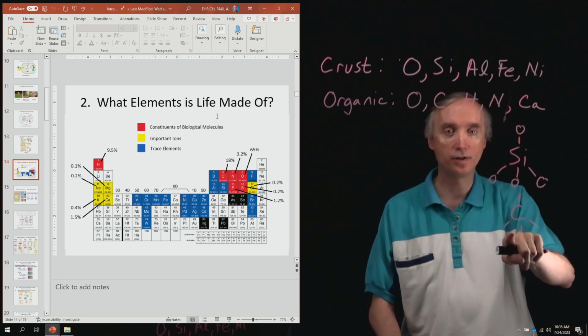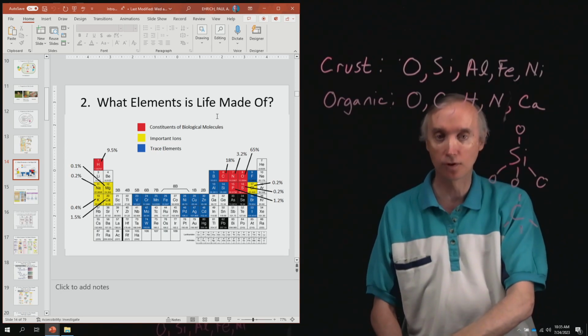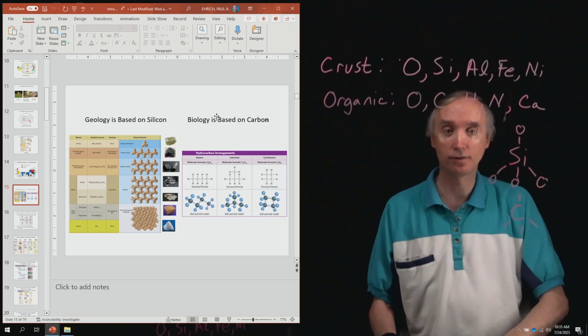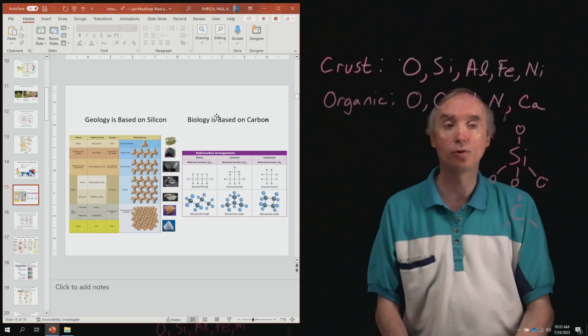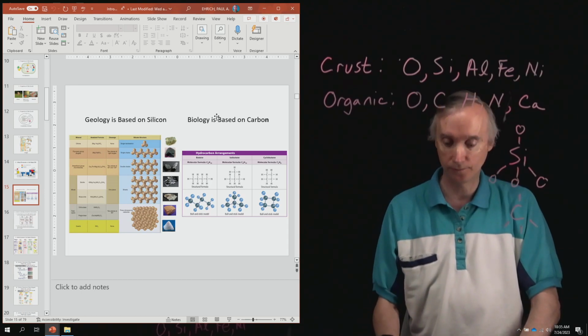Carbon also is going to have 4 valence electrons. It's going to have 4 hooks on it, and so it in turn can connect to other things. But carbon is going to be more versatile than silicon.